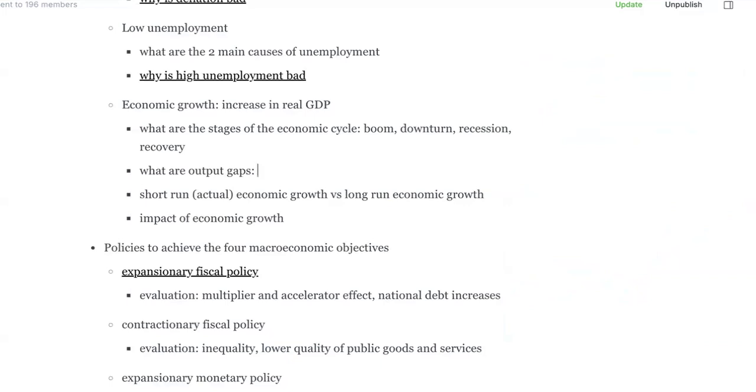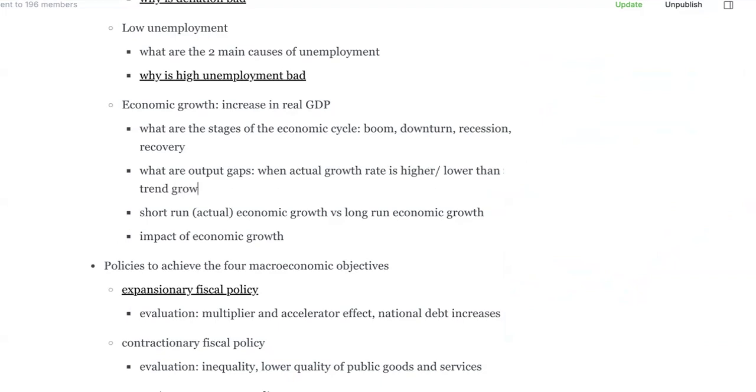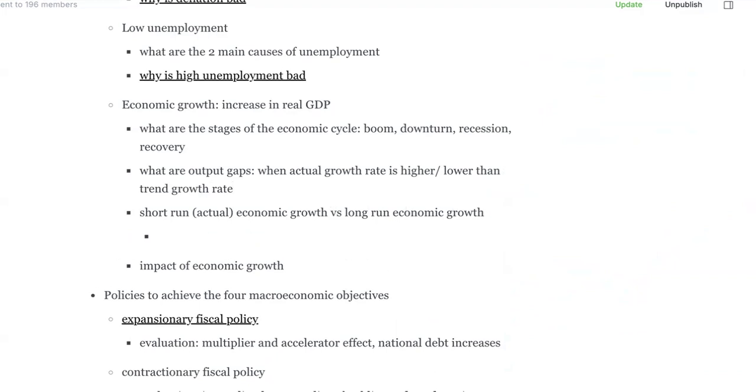So output gaps are when actual growth rate is higher or lower than trend growth rate. Another thing is short run or actual.